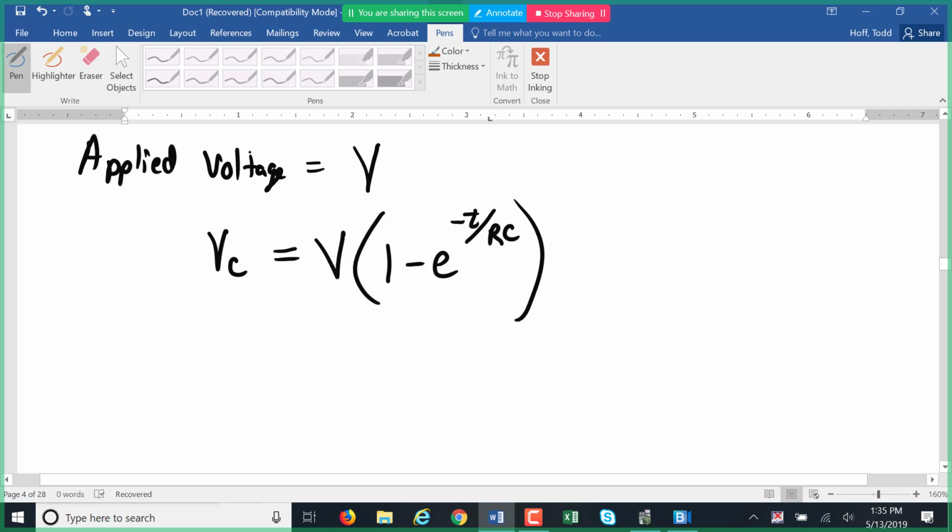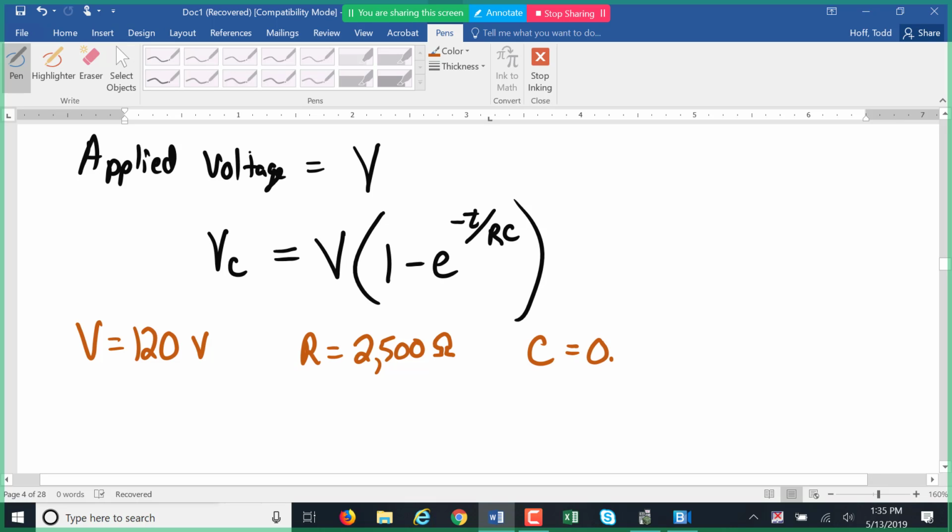So let's say that we have an applied voltage of 120 volts. A resistance of 2,500 ohms.